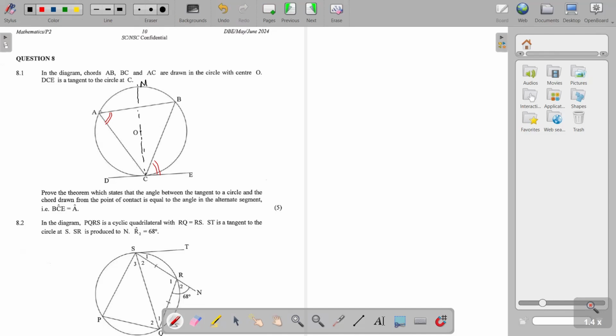Then construct a chord AM. So write what you did: construct diameter CM and chord AM.